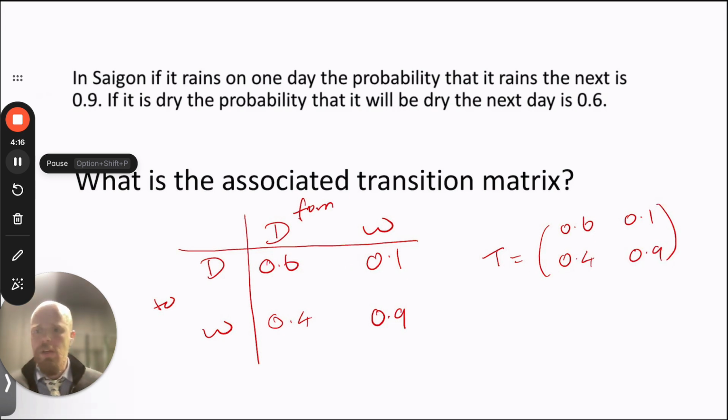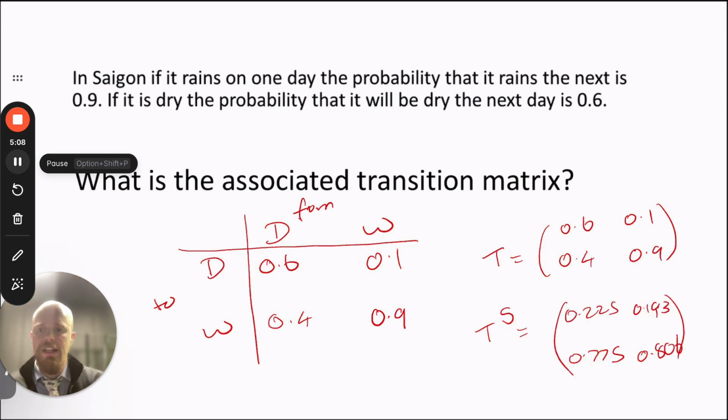Now let's say I wanted to know the probability after like 5 days, what it's going to look like. What we'll do is we'll raise the transition matrix to the power 5. Now understanding what these entries mean is super important. This number here is in the dry to the dry column. This probability is if it's dry today, in 5 days' time, the probability that it will be dry is 0.225.